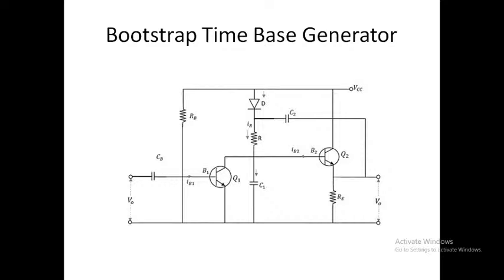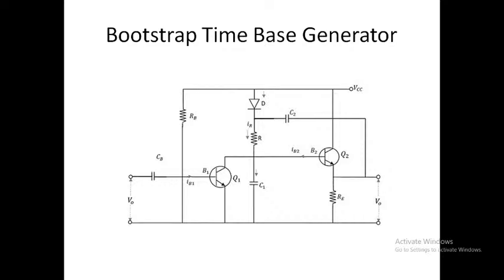Therefore capacitor C2 is charged to VCC through the diode forward resistance, and output VO is 0. Q1 acts as a switch and Q2 acts as an emitter follower.